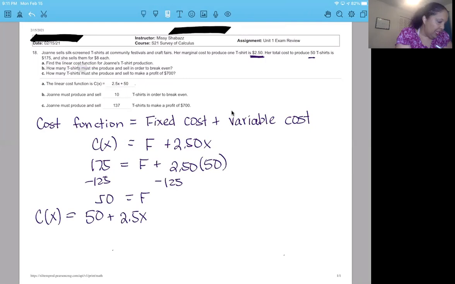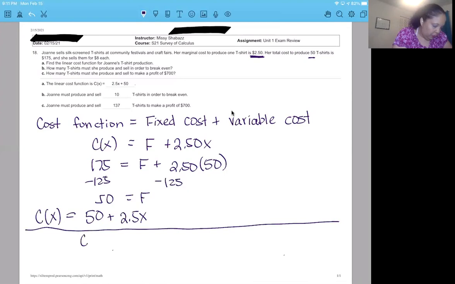All right, the next question, part B, is how many t-shirts must she produce and sell in order to break even? All right, and remember that our break even is when our cost function equals our revenue function. My cost function we already found.